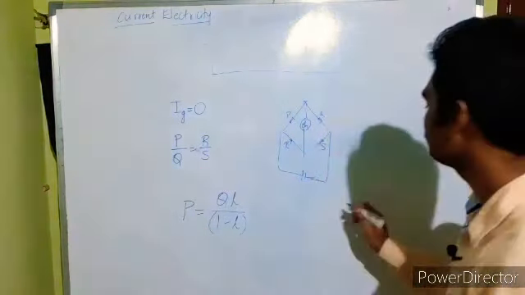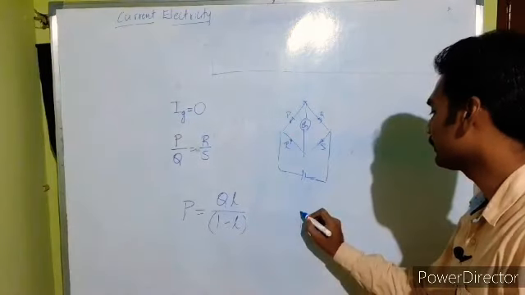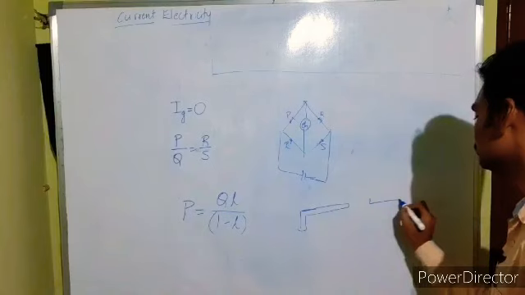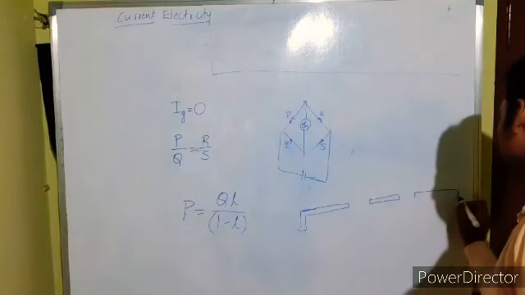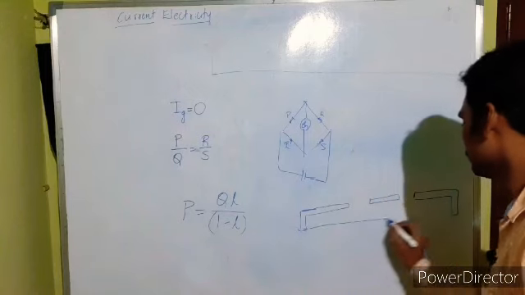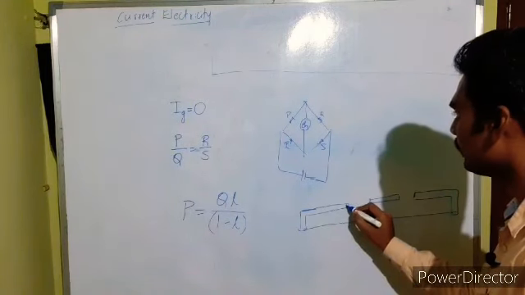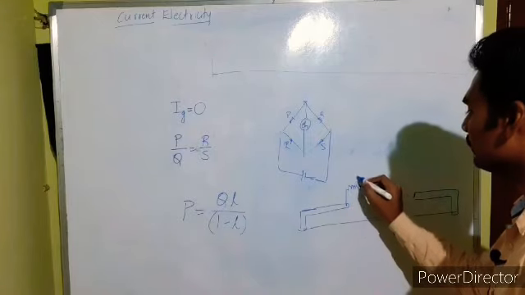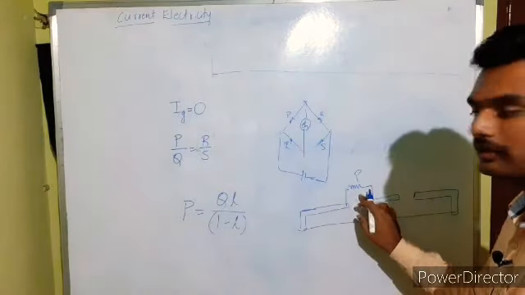Remember, the meter bridge was like this. Here we connected an unknown resistance P. We don't know what the resistance here is.